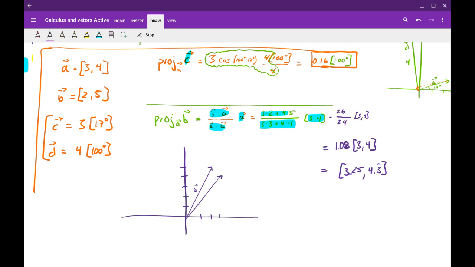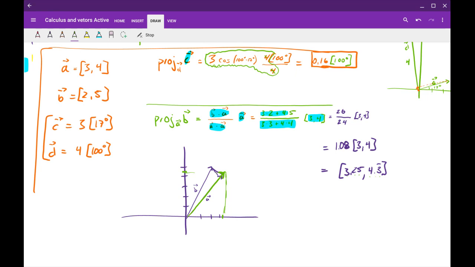And now, if I attempt to project B onto A, then I'm basically projecting down like this, and I end up with a vector that's slightly longer than A. And if you were to draw this vector 3.25, comma 4.3, that would be this green vector here.